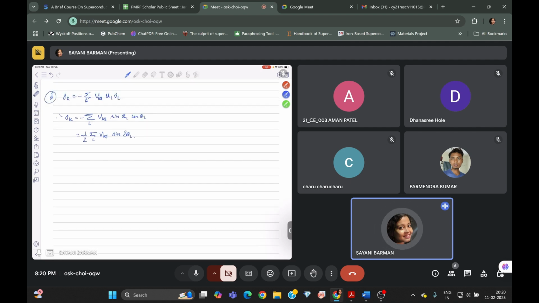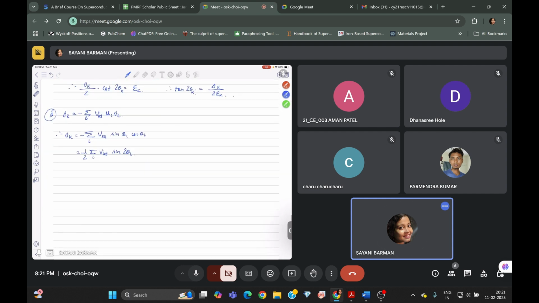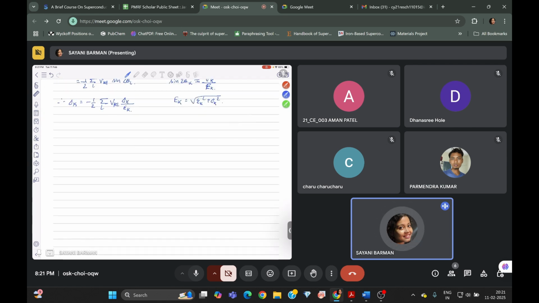Now, substituting the sine 2 theta, where EK is this. Del K will get VKL del K by EK. Okay. Now the same thing.